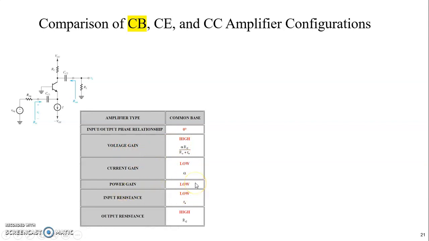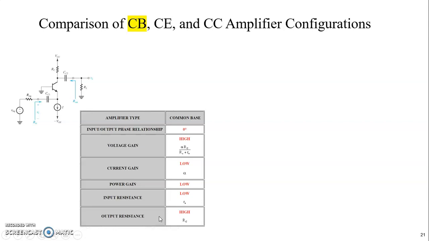The significant disadvantage of this amplifier is that it has low input resistance and high output resistance. It is just the reverse of what we actually want from our amplifier stage.